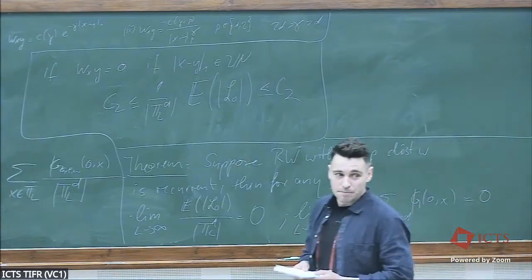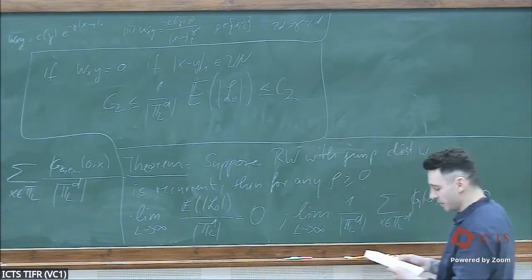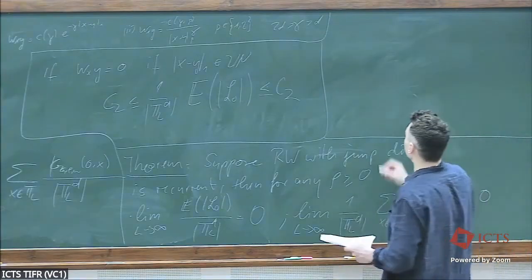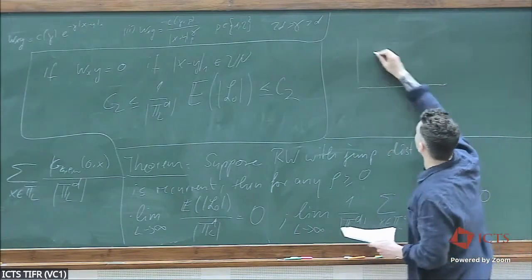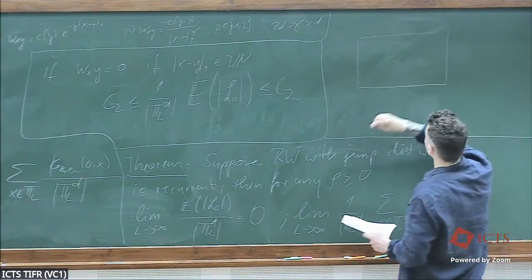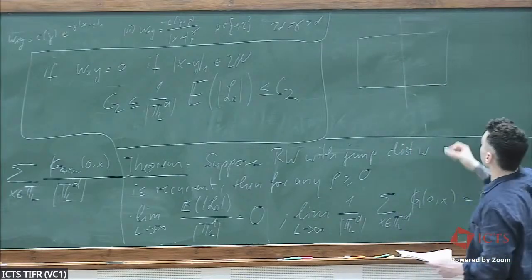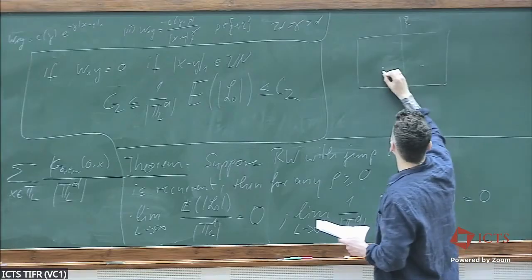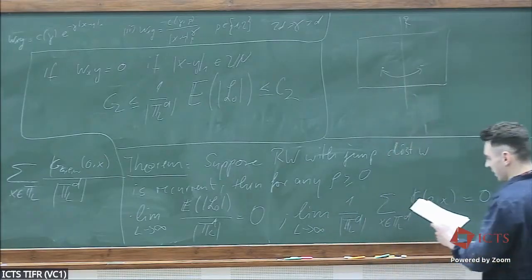And therefore, we use a method which is called reflection positivity. And this is also the reason why we play on the torus. So what we do is we have this torus, then we have a reflection plane in the middle, and then we reflect each vertex to the other side.